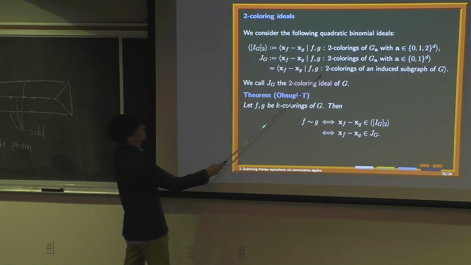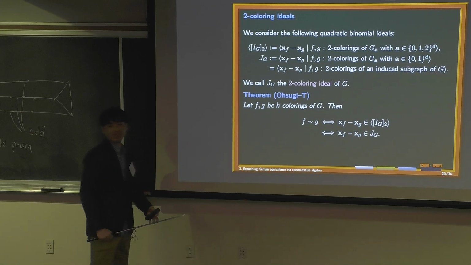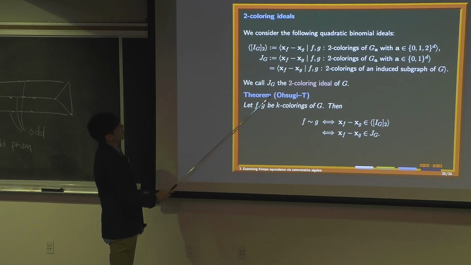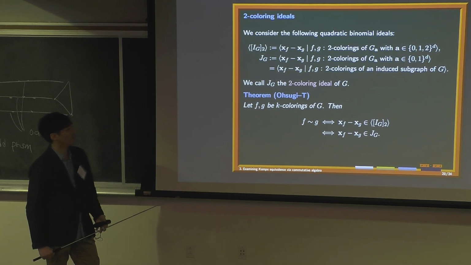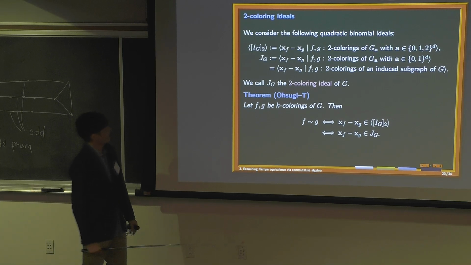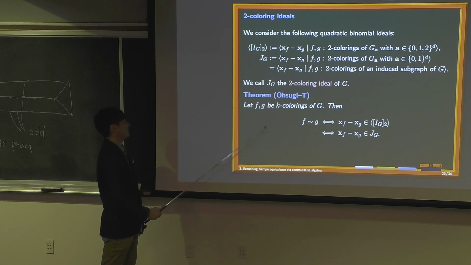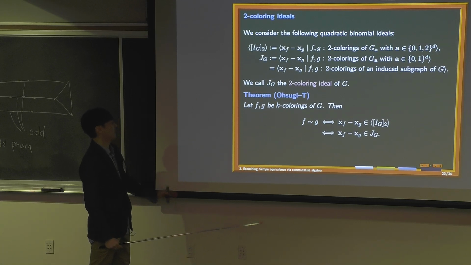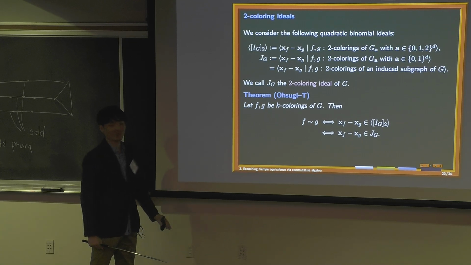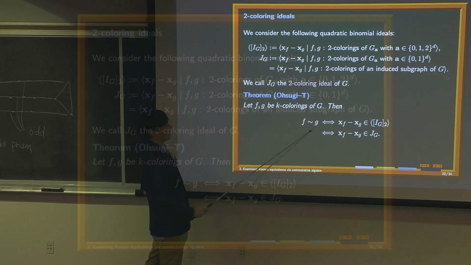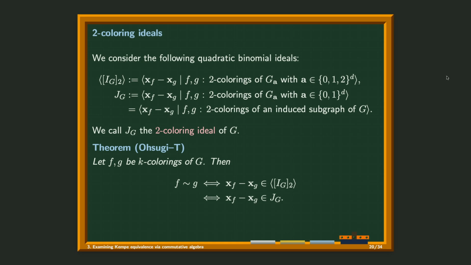So this is just 2-colorings of an induced subgraph of G. We call this second ideal the 2-coloring ideal of G. Then examining when two K-colorings are Kempe equivalent is equivalent to the ideal membership problem. Namely, F and G are Kempe equivalent if and only if these associated binomials belong to these ideals.